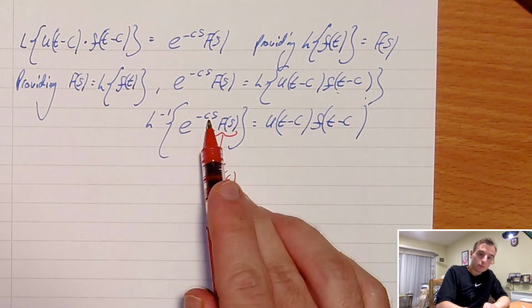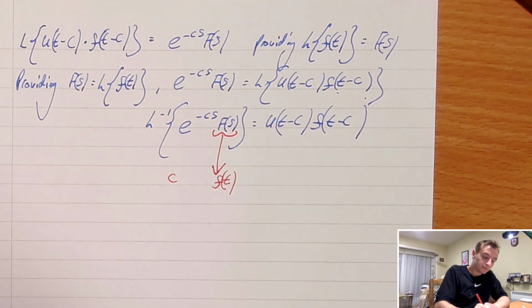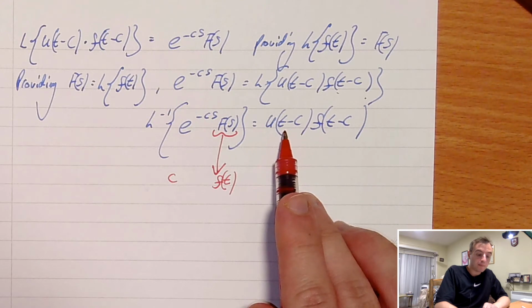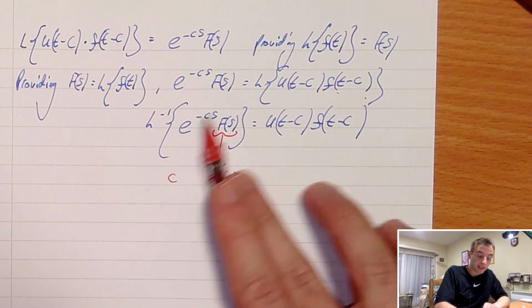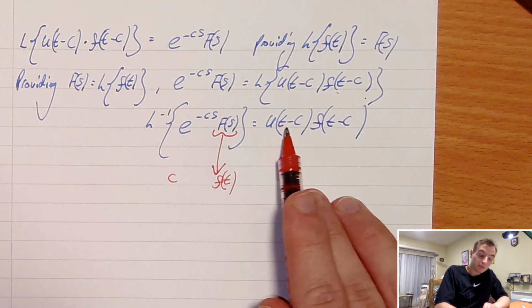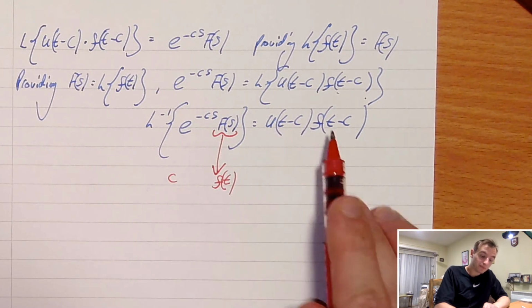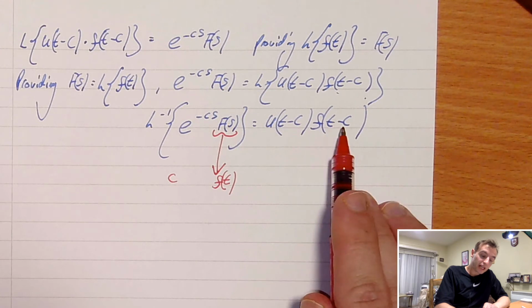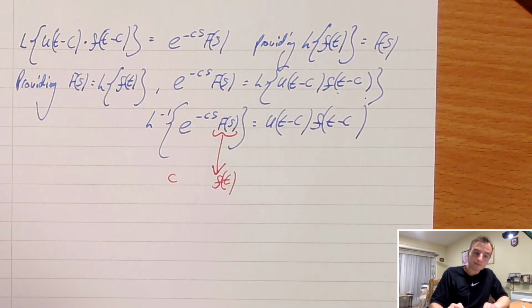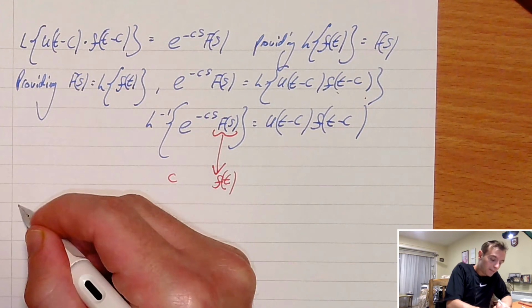And the c will give us the shift. So we're now going to be able to find immediately the inverse Laplace transform of this product of functions. It's just going to be u(t minus c) being the shift, and the function f(t) will just be the inverse of that part of the function. So let's have a go at an example.